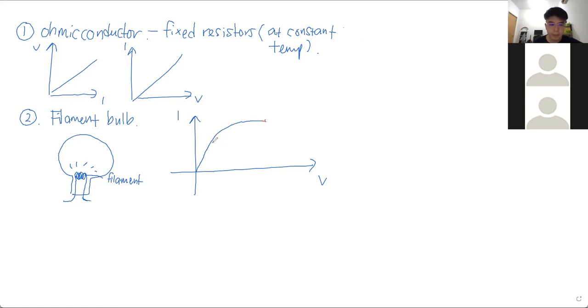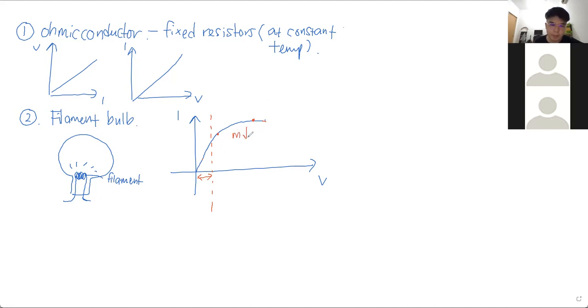Initially the gradient is constant. You can see for a small voltage, the resistance is constant here. You get a proportional line just for small voltage. After this, it starts to flatten. If you measure the gradient at this point and at this point, the gradient is decreasing because it's going flatter and flatter. It flattens out, so the gradient is decreasing.